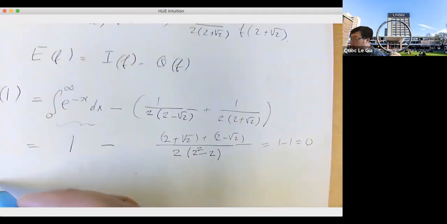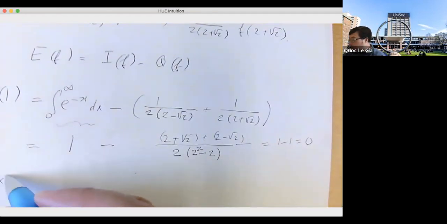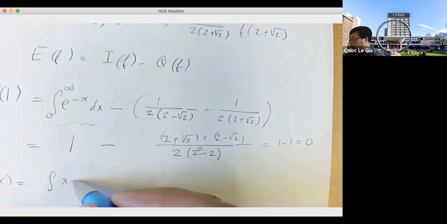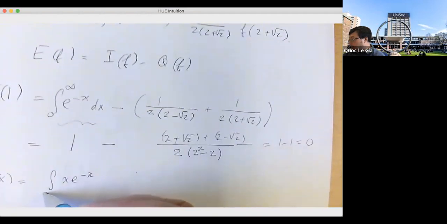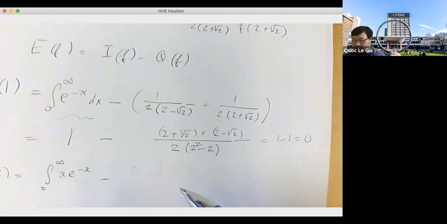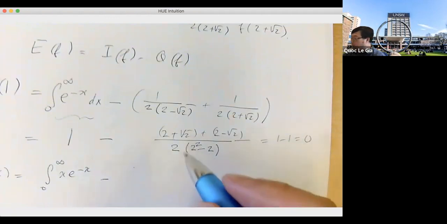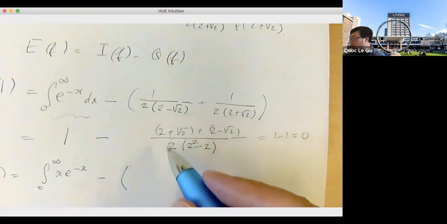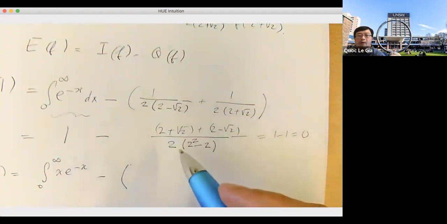And then E2. So E of x is the integral of x e to the minus x from 0 to infinity minus, and now you have to put in the function. So now instead of putting 1, now you have to put in x.